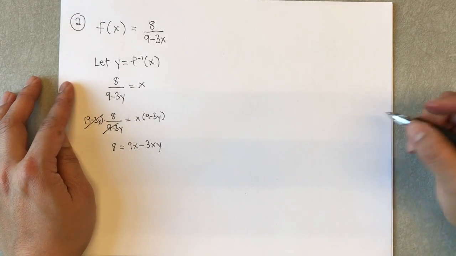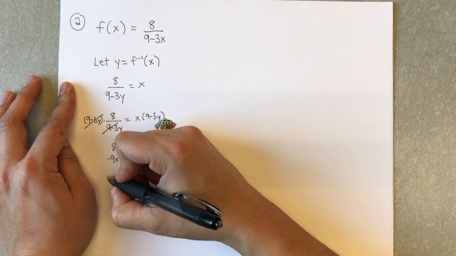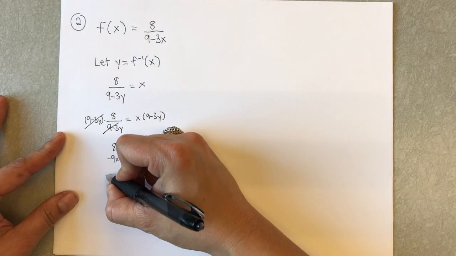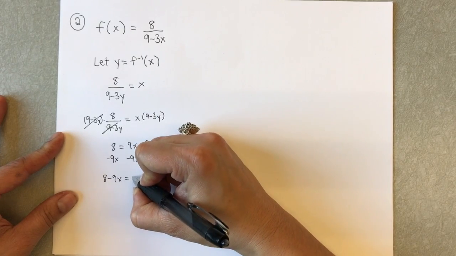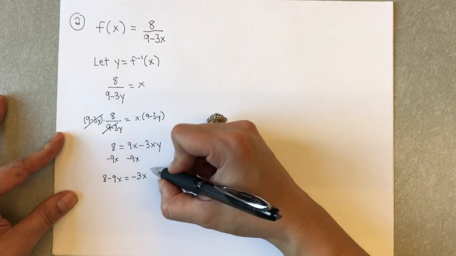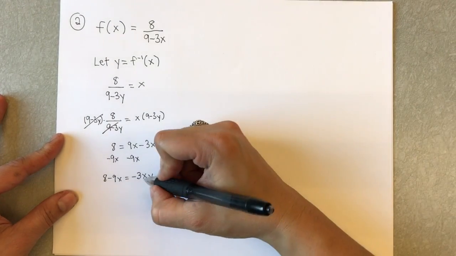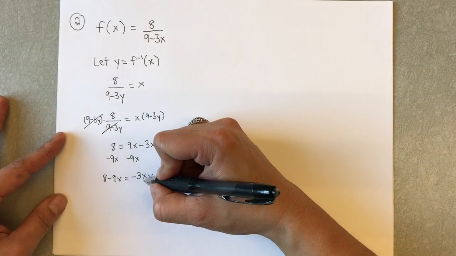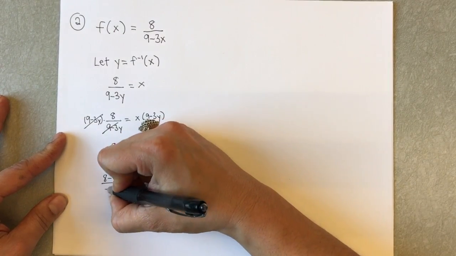Then what we'll do is subtract 9x from both sides. 8 minus 9x will then equal negative 3xy. And I see that I almost have y isolated, so divide everything by negative 3x.